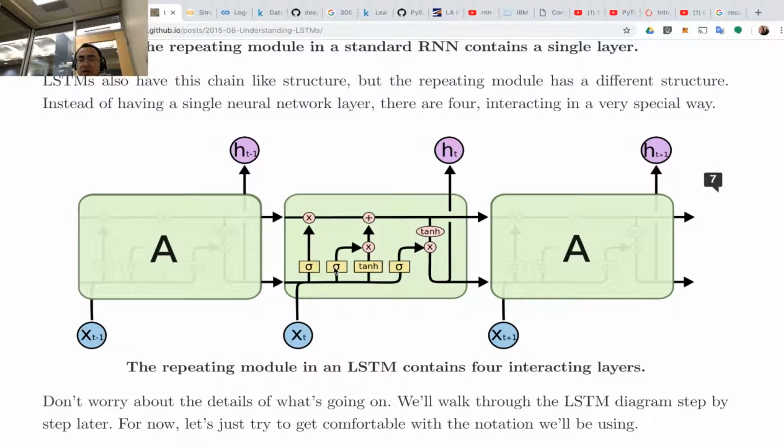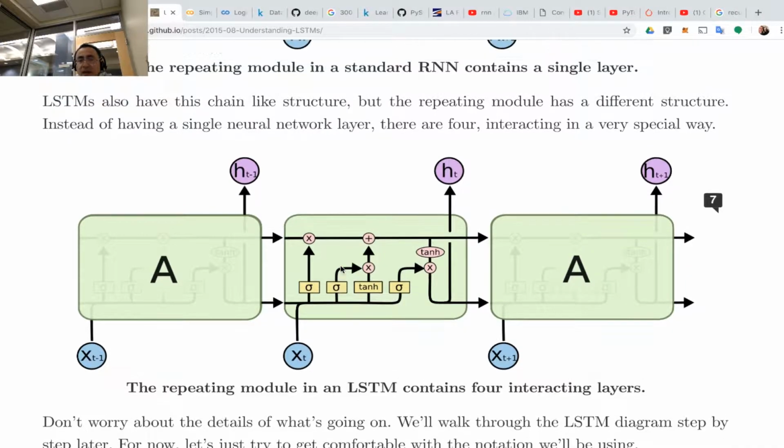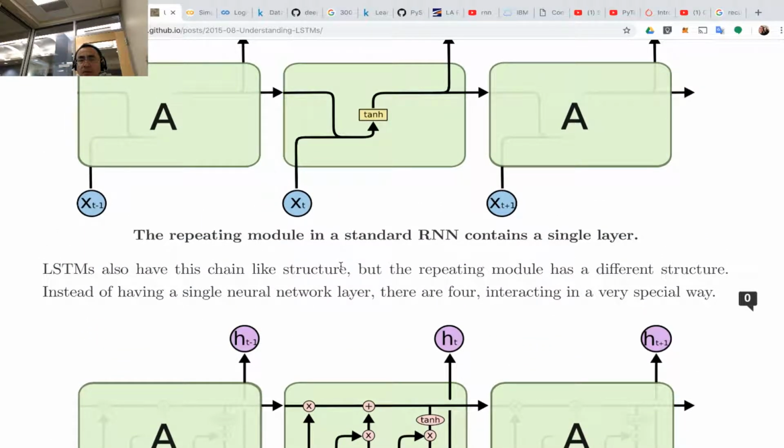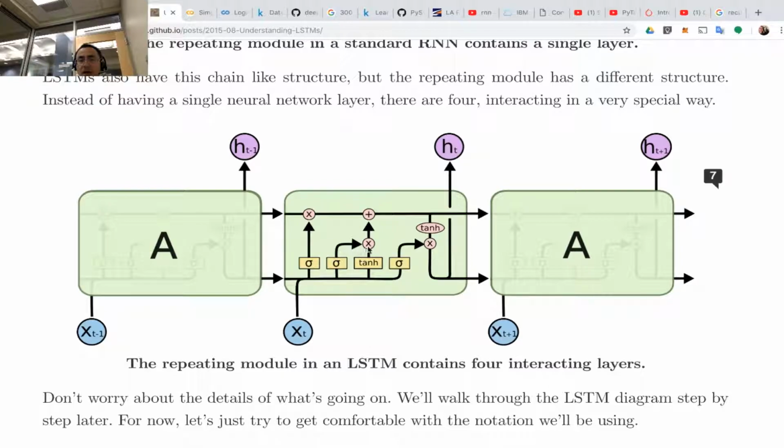And then the other one will go to another sigmoid or squashing function. Okay, I'll just call it squashing function. This is basically the non-linear thing. And then you multiply it with the one from here with a tanh. And then from there you give the output and then you add that.